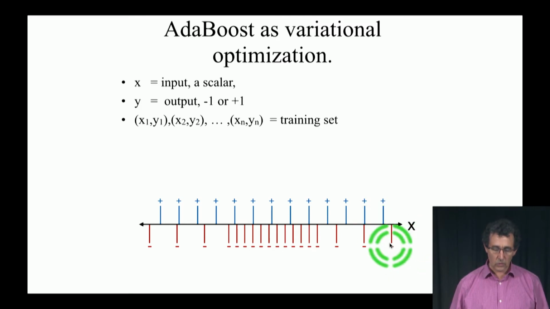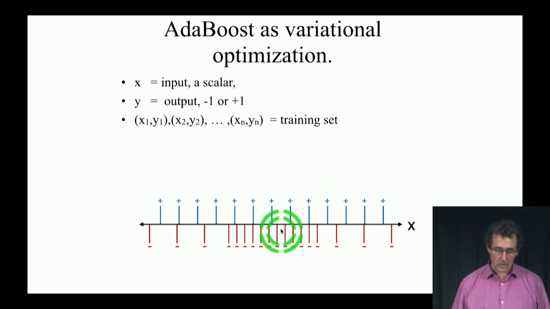And what we want to do is basically find a function that will be minus when it's mostly minuses, and will be plus when it's mostly pluses, right? But we have only a finite number of examples, so we have some ambiguity about how we want to do it. So let's see how this becomes a variational problem.